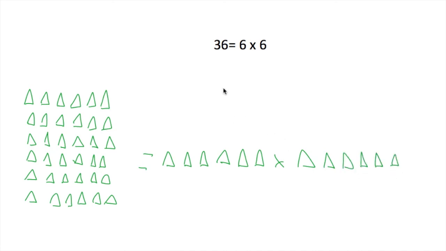So that's our equation here. When we drew this equation as a drawing explanation, what we did was take this and draw it out. So we had 36 triangles equals 6 times as many as 6.